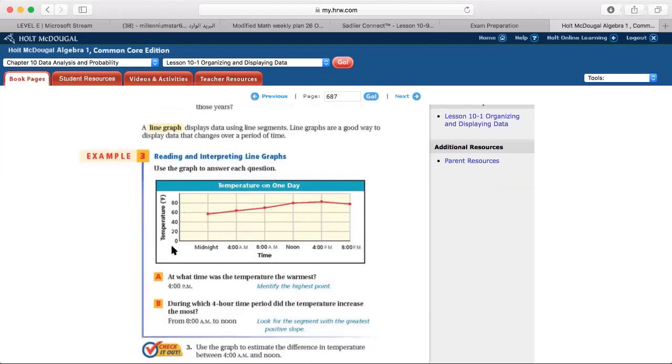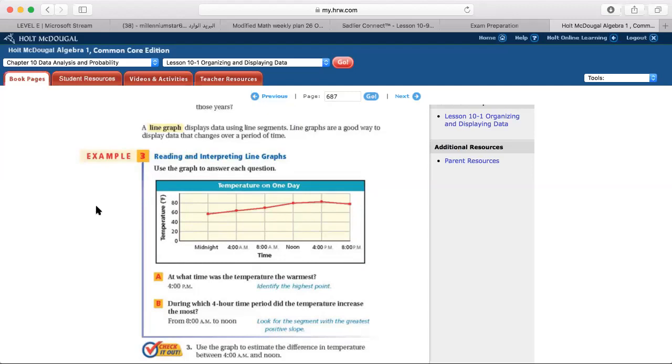Let's try to answer this one before we watch the video. Use the graph to answer each question. We have the temperature on the vertical scale, and on the horizontal I have the time, starting from midnight. The title of the line graph is temperature on one day.